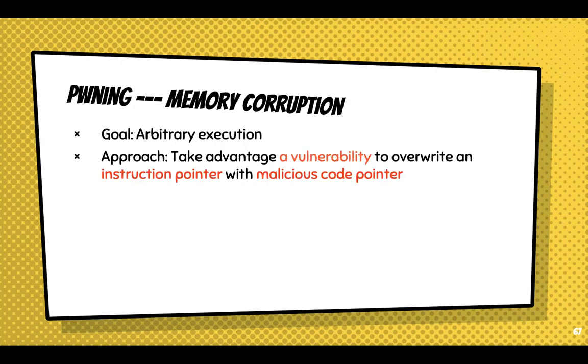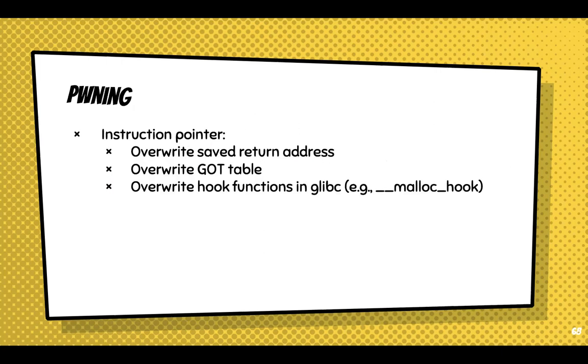So here, there are three parts: vulnerability, instruction pointer, and malicious code pointer. I'm going to start with the second one first, which is instruction pointer. Throughout our entire course, we talk about three different types of instruction pointer.